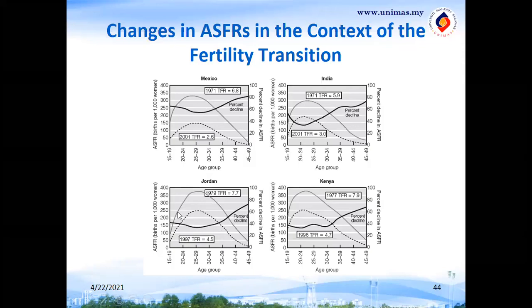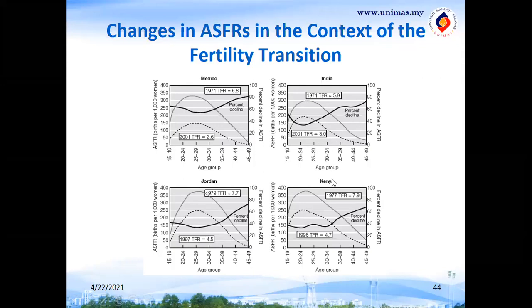But the total fertility rate is higher in Jordan, compared to the figures for 1979 and 1997. The different years, of course, are based on different figures available. 4.5 in 1987 for Jordan and 2.6 for Mexico. So India has gone down from 5.9 children per woman to 3.0 now.